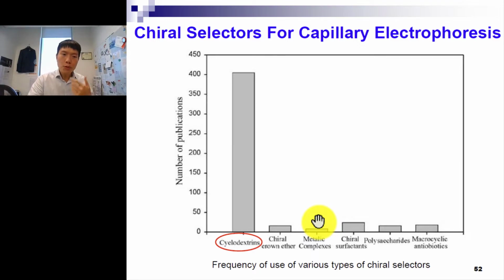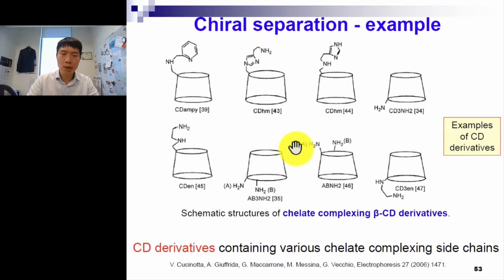Here you can see that there are also other chiral selectors for CE chiral separations, but the most frequently reported in the journal articles is still cyclodextrin, in terms of publications. And you might also ask what is the reason for the high usage of CD here. Cost is definitely one of them, and of course you're able to do some modification in terms of the structure.